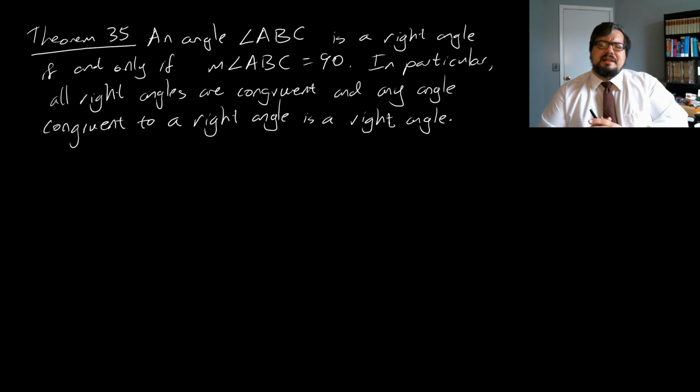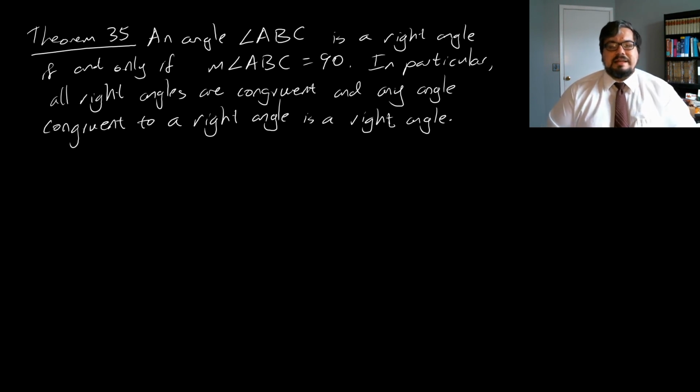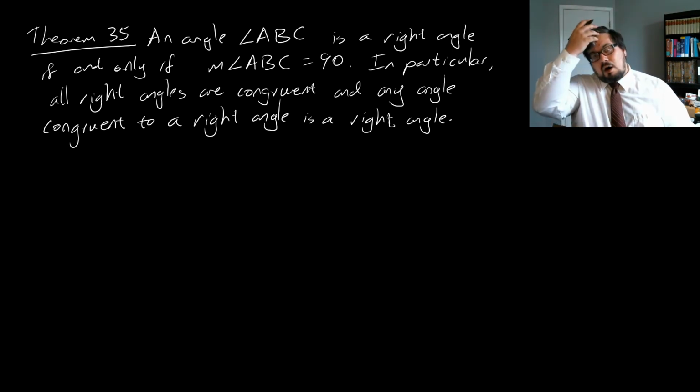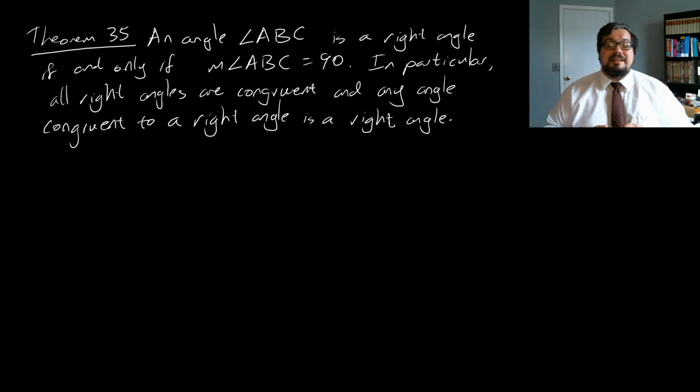Now, the second sentence here is an immediate consequence of the first. Once we know that all right angles have measure 90 and any angle with measure 90 is a right angle, the second sentence follows immediately because we have congruence of angles being based on equality of their measures.